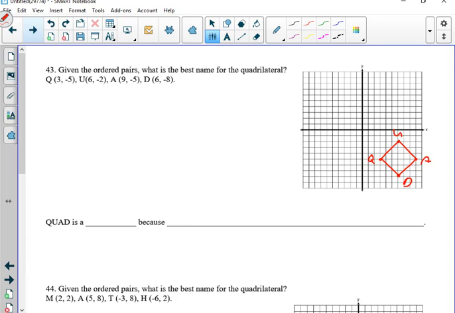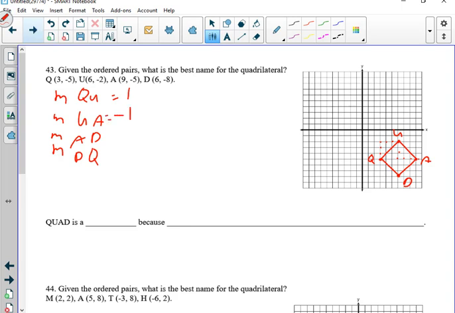I always like to try to find the slopes first, so I can just count. So QU, I'm going to count up 1, 2, 3, and right 1, 2, 3. 3 over 3 is 1. UA, I'm going to count down 1, 2, 3, 1, 2, 3. That's negative 1.